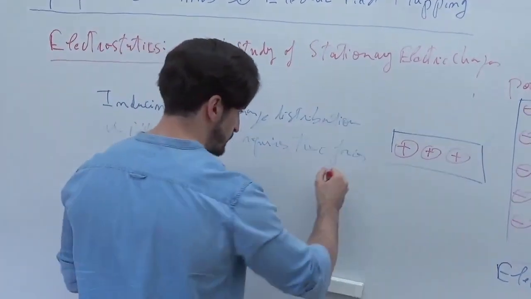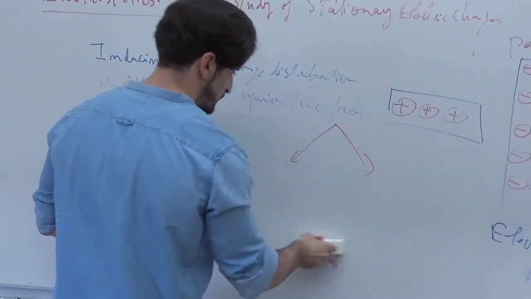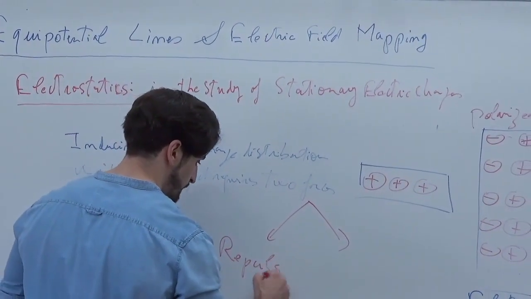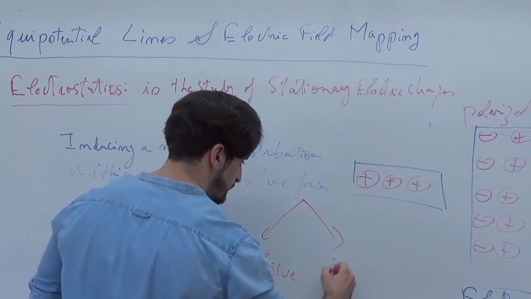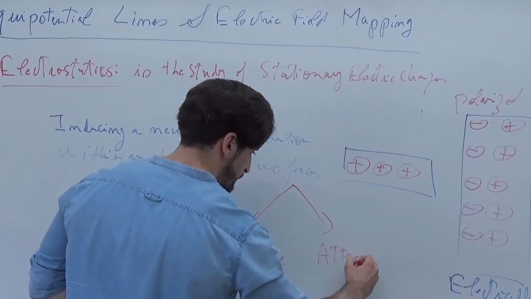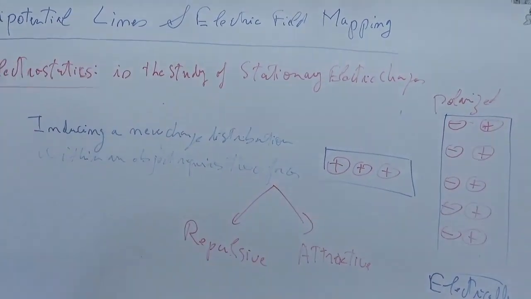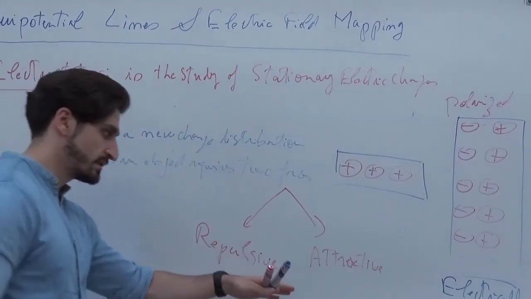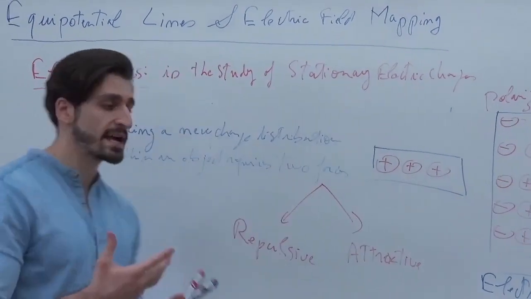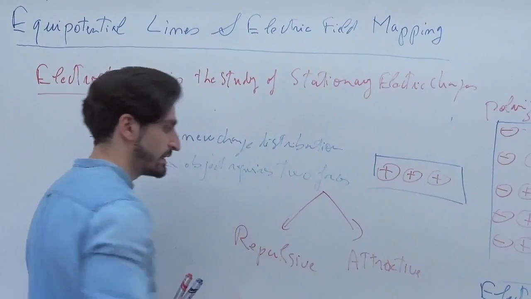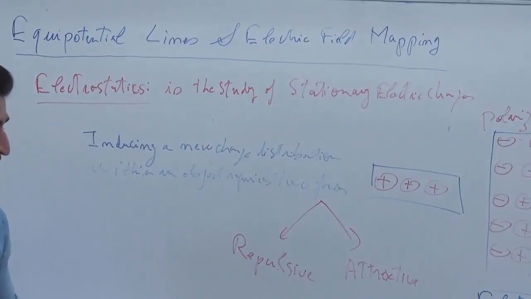These two forces are a repulsive force and an attractive force. The nature of these two forces is actually electrical. So the repulsive force and attractive force are actually electric forces.